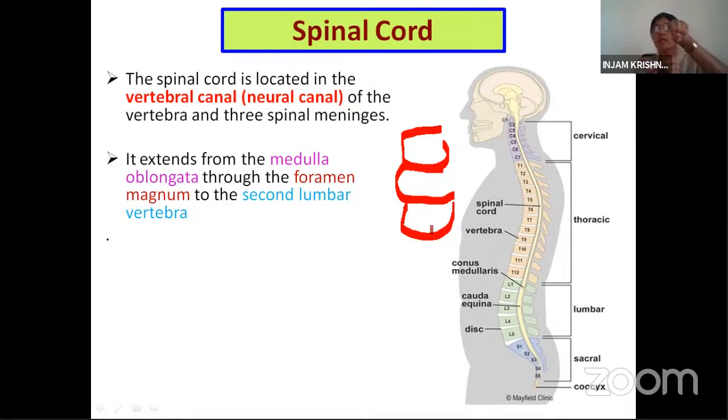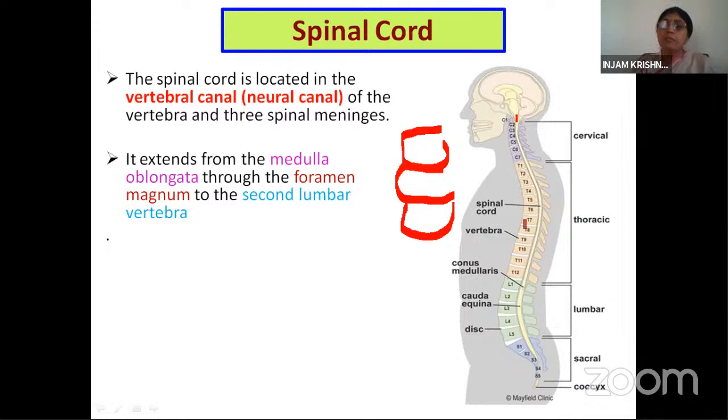This is the bone. For example, this is the vertebra. Here, a hollow place is there. This hollow place is called the vertebral canal. In this canal, our spinal cord passes all the way. See here, this is the brain, the medulla oblongata, and the medulla oblongata extends as the spinal cord.